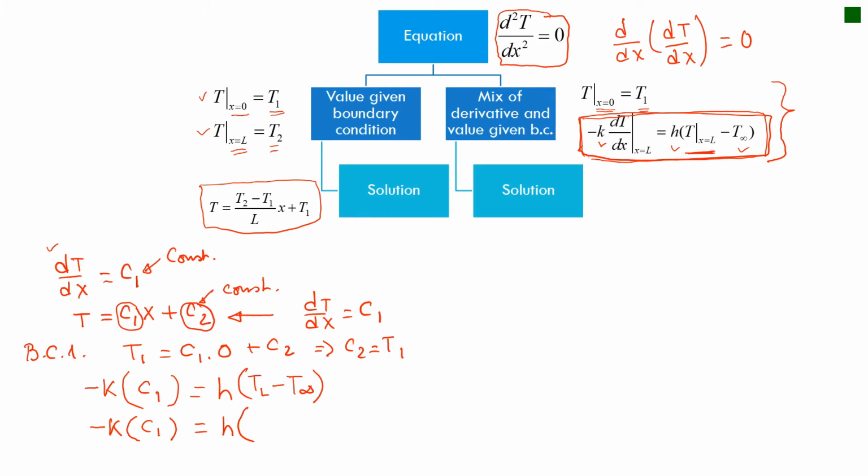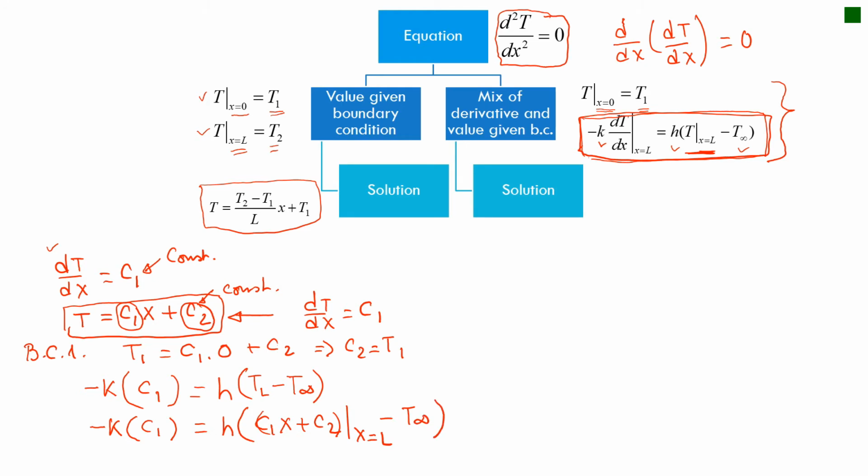It means my T, which is this, is my T evaluated at x equal to L. So T evaluated at x equal to L, I can even rewrite that as C1 x plus C2 at x equal to L. This is what we need to write, and then minus T infinity.